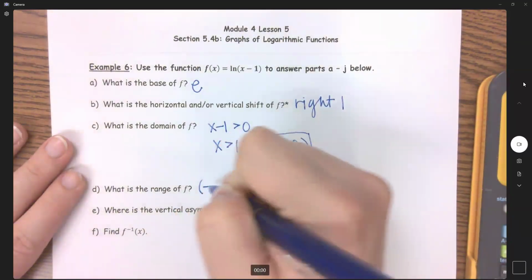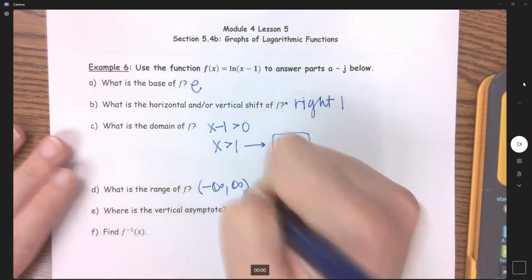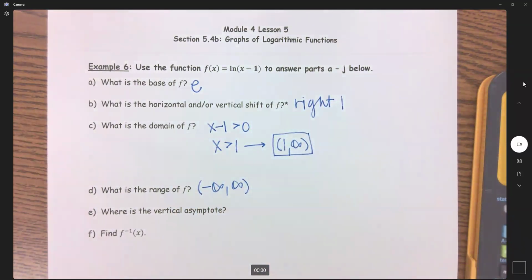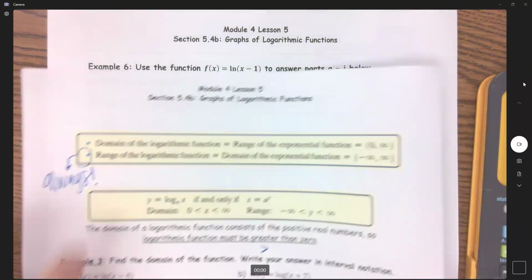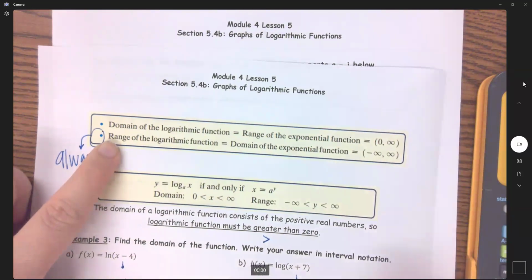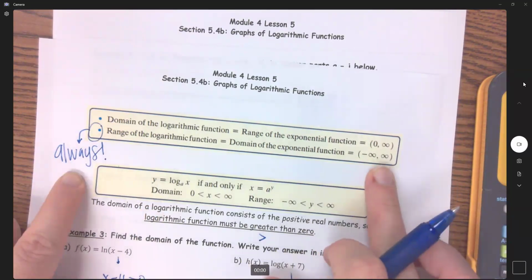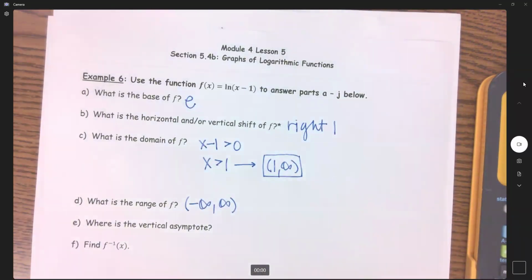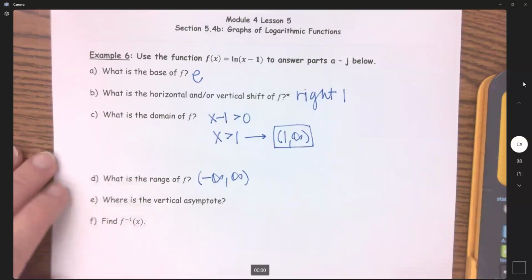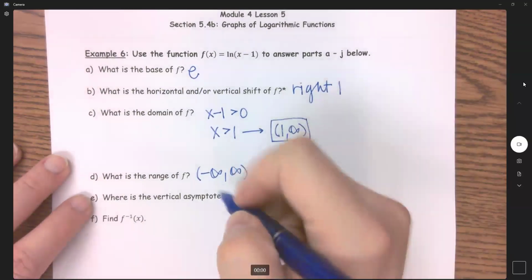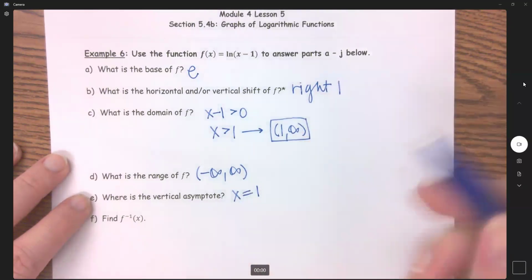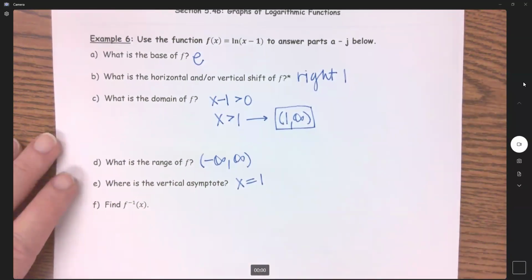So you can either use the graph, or in a previous video, we went over how the range of a log will always equal all real numbers. Where is the vertical asymptote at? It starts right here, at x equals 1.